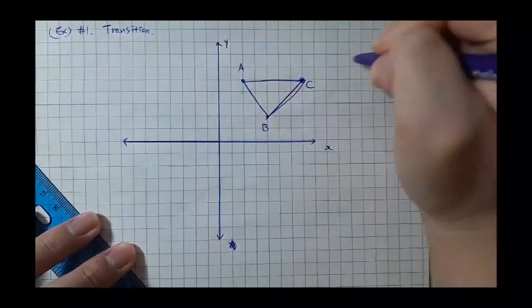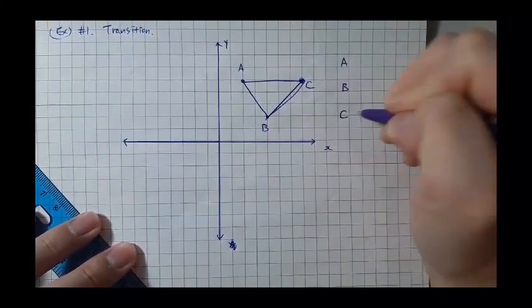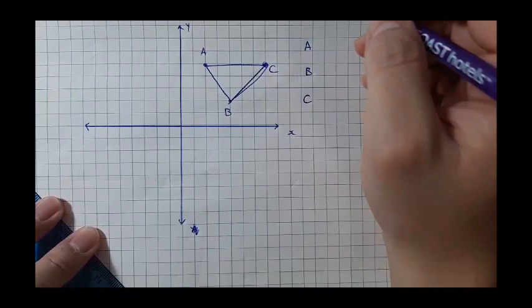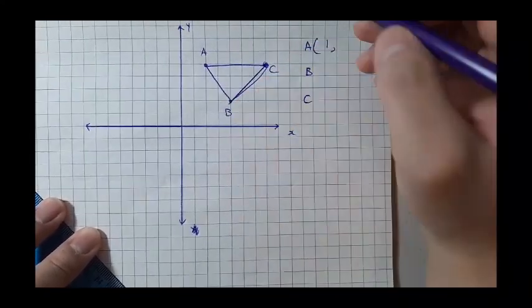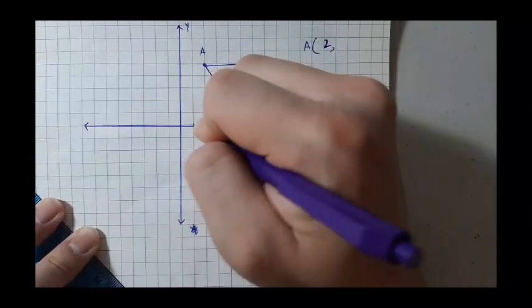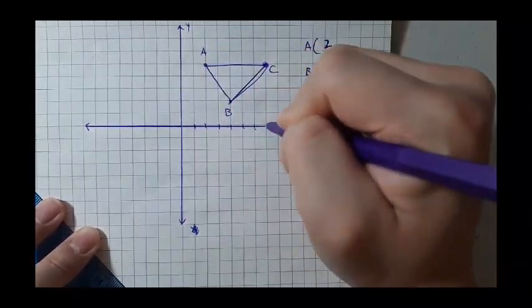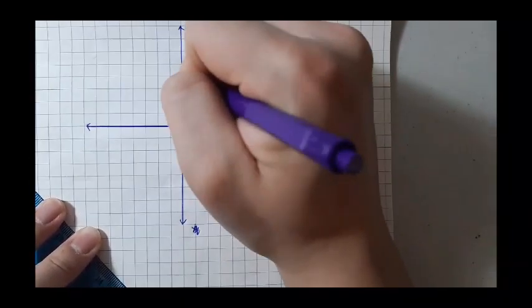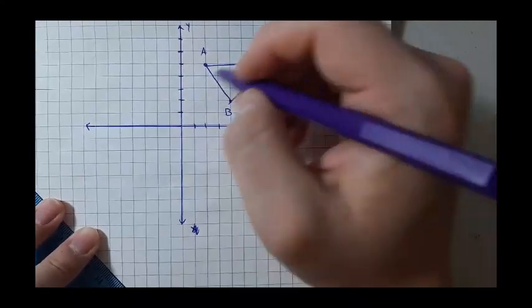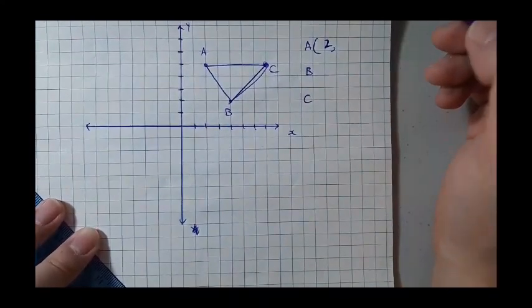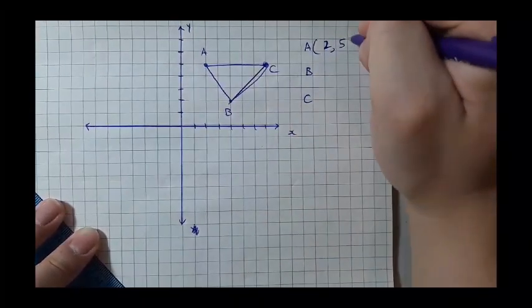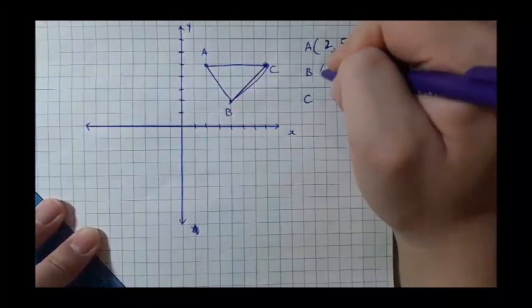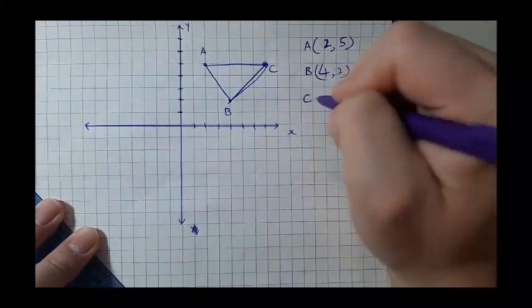A, B, C. A, I'm going to put, actually it's 2, sorry. 1, 2, 3, 4, 5, 6, 7. 1, 2, 3, 4, 5, 6, 7. So according to this system, it's 2 and 1, 2, 3, 4, 5. 2 and 5. B, 1, 2, 3, 4. 4 and 2.